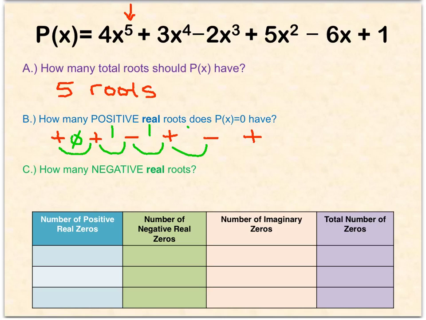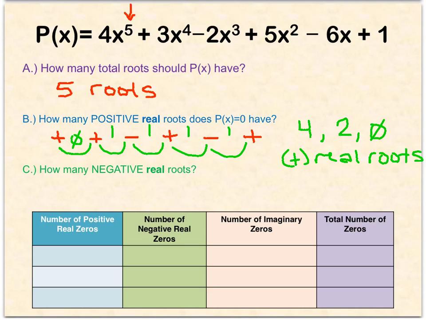That's 1. That's 1. That's 1. So I have 4 sign changes, which means I will have 4, 2, or 0 positive real roots. Alright, so remember you have your maximum amount and then you decrease by 2 until you get to 0.